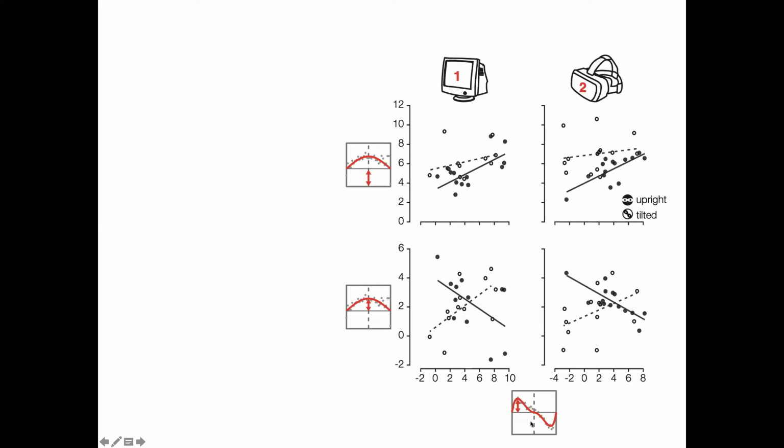So how strongly are people showing this repulsion away from the cardinal axes? And if this number is very large, they have a very strong repulsion bias, right? And if this number is very small, they're quite veridical in their response. And then on the y-axis, I quantify two things about the oblique effect. So first of all, what I want to quantify is how noisy are their responses in general.